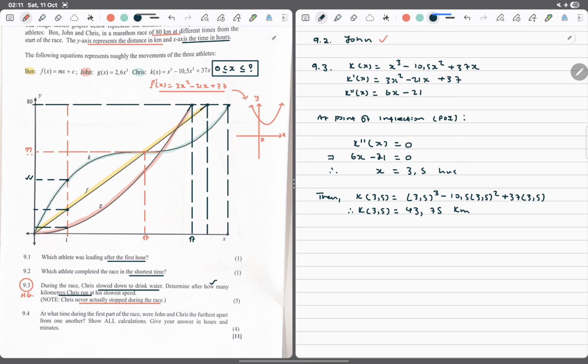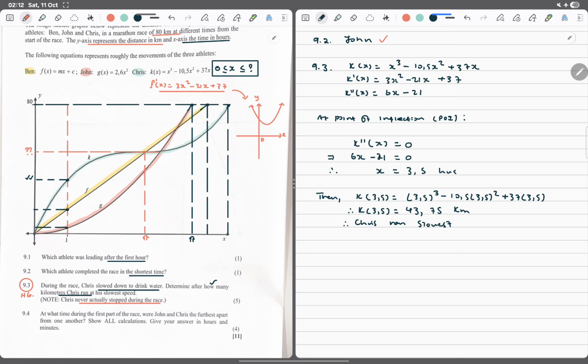So we can say, therefore, Chris ran at his slowest speed, because remember the rate of change is the gradient here.